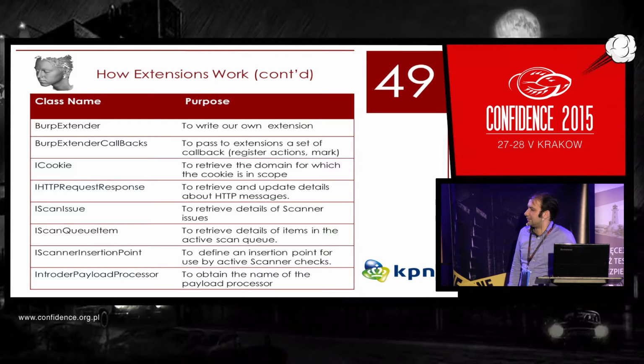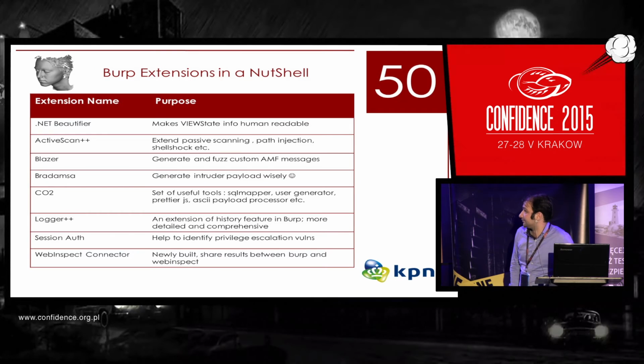Burp provides a scanner that simply sends automated payloads and returns the results, so you can define insertion points to automate application level analysis. And these are some common extensions that you can use.